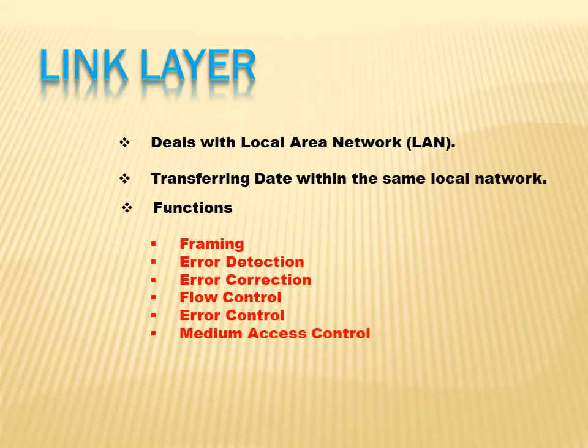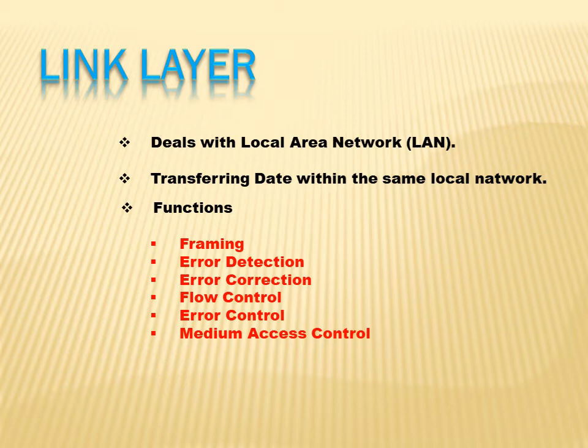The main function of this layer is framing, that is how to group data. Then error detection: if there is any error, detect it using some error detection algorithms and then correct it. Another important function is flow control and also error control.